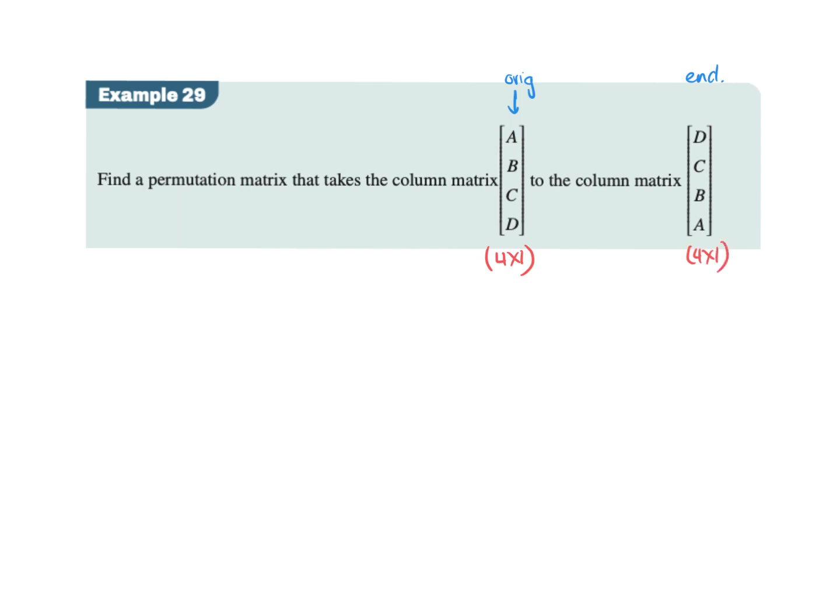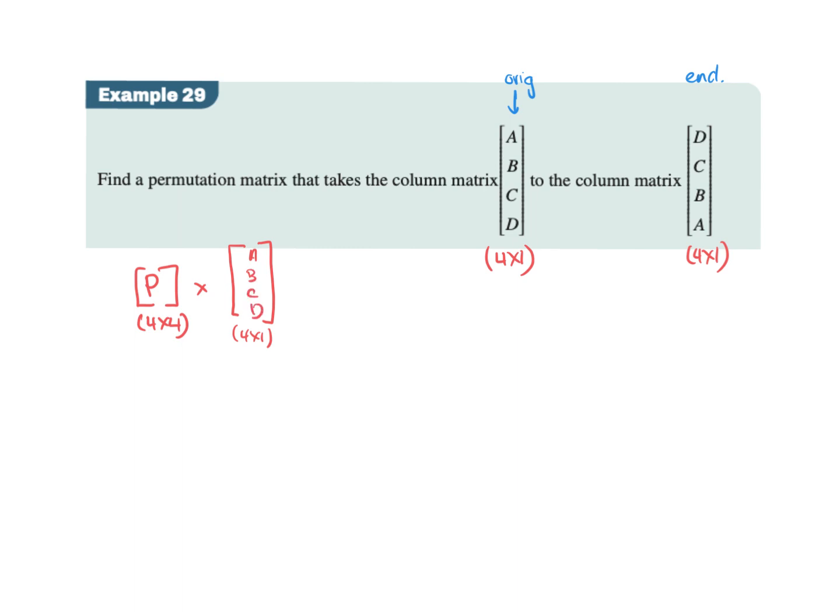Now we said that a permutation is a square matrix, so it'll have to be at the front. So I'm going to have a permutation, and it's going to be a 4 by 4, because we're going to multiply it with this 4 by 1, which has A, B, C, and D.